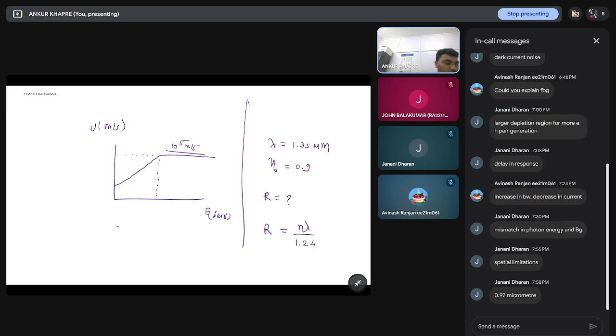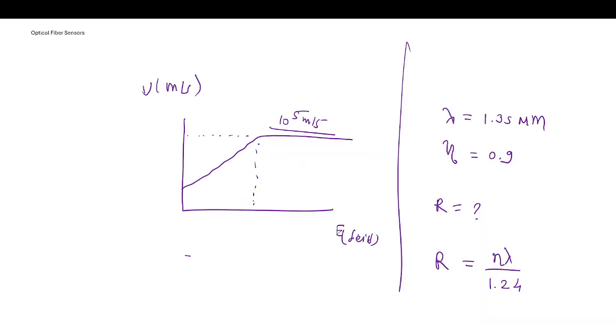Should be 0.98 micron, right? 0.98 approximately.